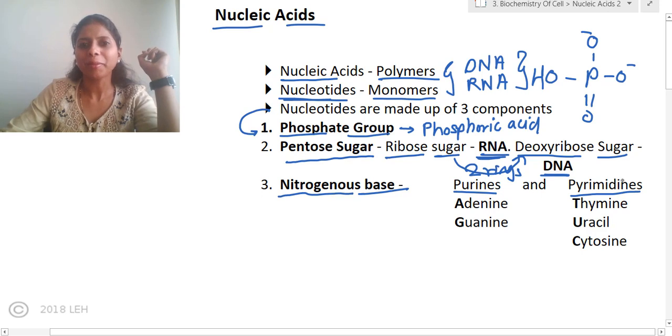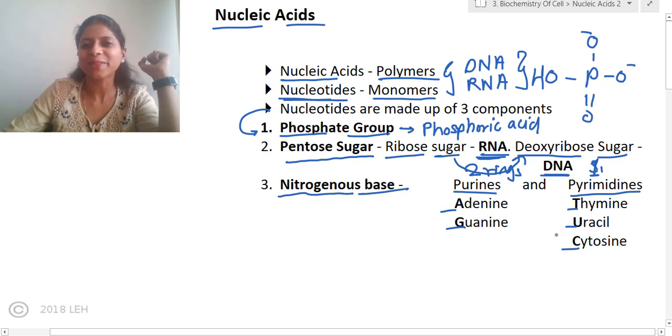And pyrimidine, single ring, 1 ring. Examples of purines: A and G, adenine and guanine, are purines. Examples of pyrimidine: CUT, cytosine, uracil and thymine are the examples of pyrimidine.